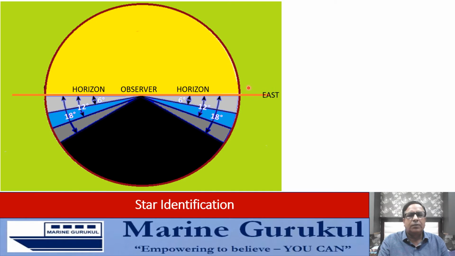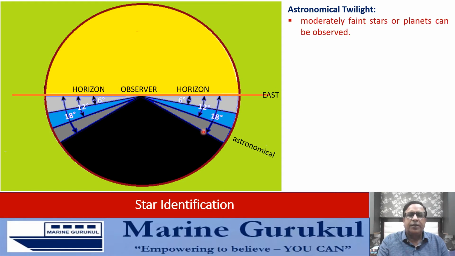So in the morning, when the sun's center is 18 degrees below the horizon of the observer, that is the beginning of what we call astronomical twilight. Now during this astronomical twilight, practically all stars and planets are visible because it's reasonably dark.